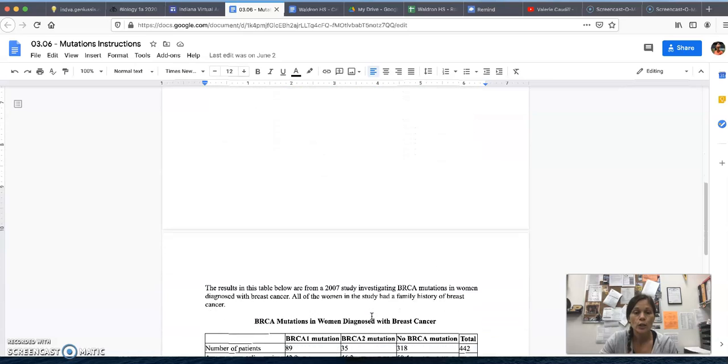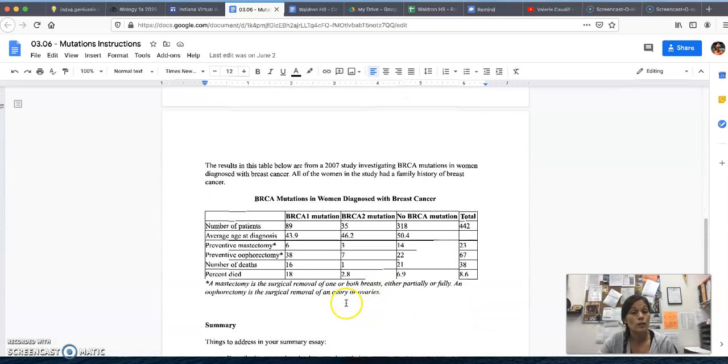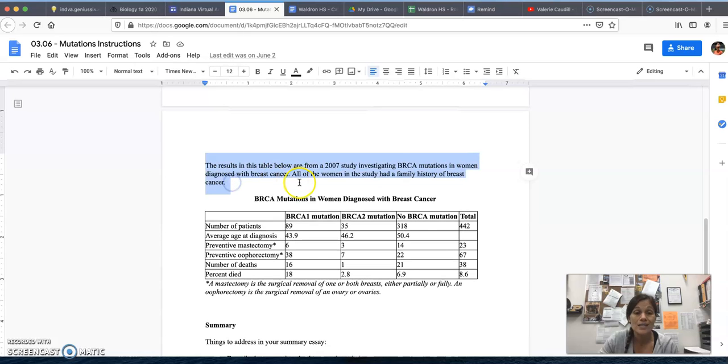You're going to look through that data, and then we have another chart here. It says the results in this table below are from a 2007 study investigating BRCA mutations in women diagnosed with breast cancer. All of the women in the study had a family history of breast cancer. What we have over here are various criteria: number of patients, average age at diagnosis, preventative mastectomy, and a mastectomy is the surgical removal of one or both breasts, either partially or fully.